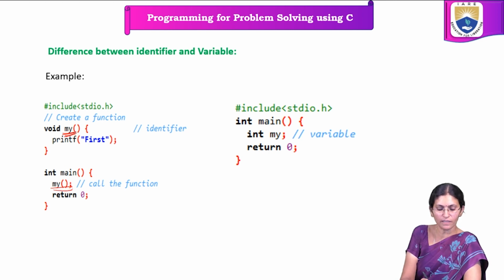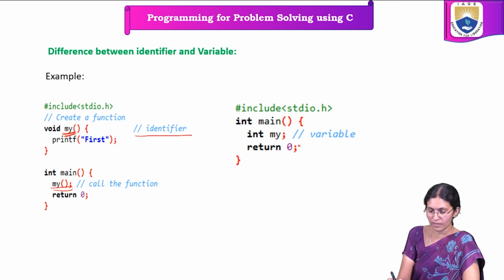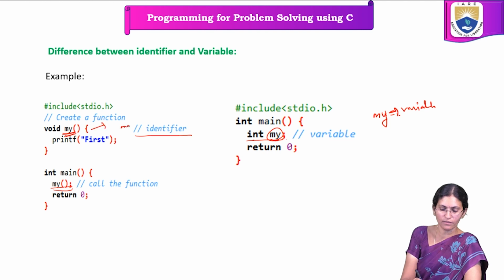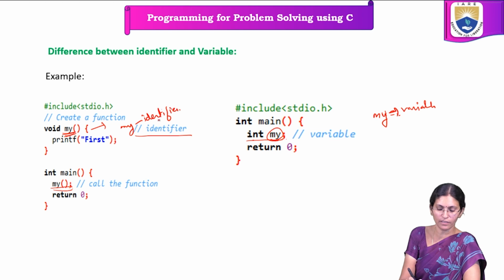So here my is an identifier, whereas in this example we have declared int my, so my is a variable of type integer, and it contains values of type integer. Here my is a variable, but here it is a function. It is an identifier because it is the name given to a function.